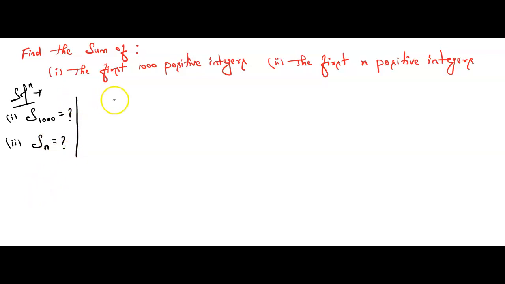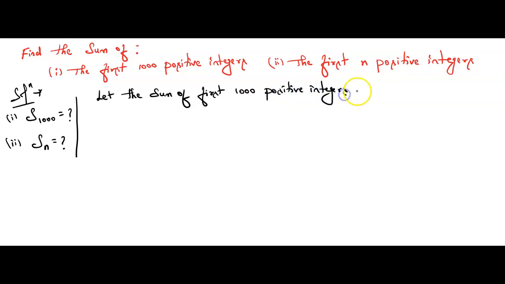Okay, now see children. First, let the sum of the first 1000 positive integers be, that is Sn equals 1 plus 2 plus 3 plus, like this you should add 1000 numbers.